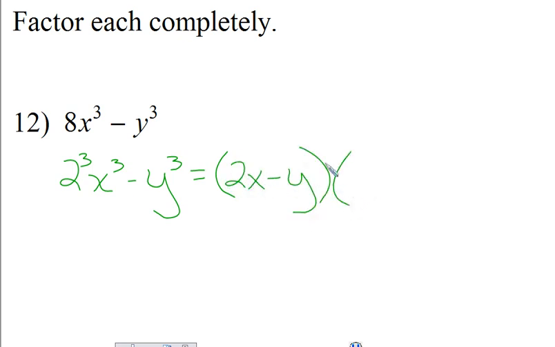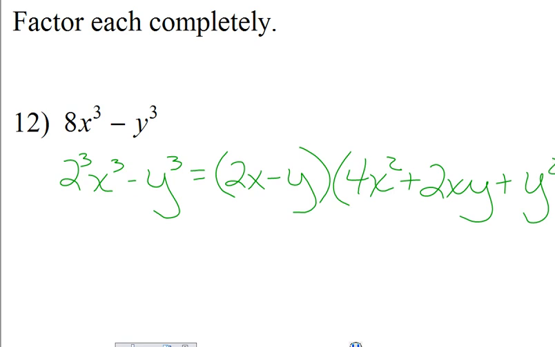And the trinomial, square the 2x, you get 4x squared. Multiply those two together, or push them together if you'd like to say it that way, and you're going to get 2xy. And then the square of y is y squared. And that is how you factor the sum and difference of two perfect cubes.